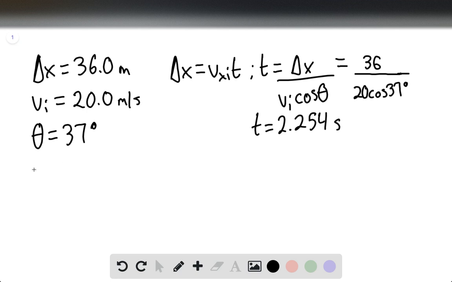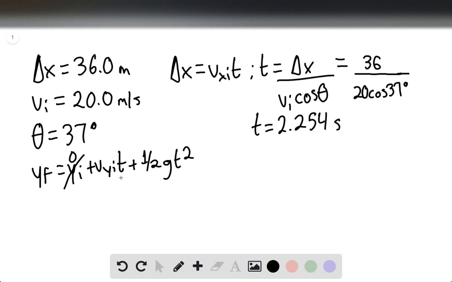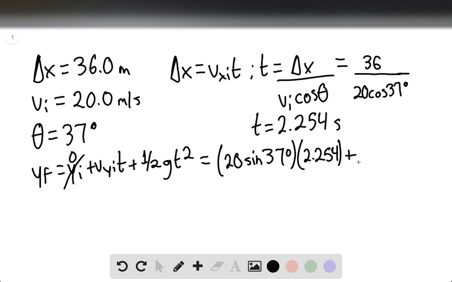At this point, we can say that y final equals y initial plus vy initial t plus 1/2 of g t squared. We know that y initial is going to be 0, and so we can say that this is going to be equal to 20 sine of 37 degrees times the time, 2.254, and then this will be plus, g is negative in this case, so it'll be minus 4.9 times the time squared, so 2.254 squared.